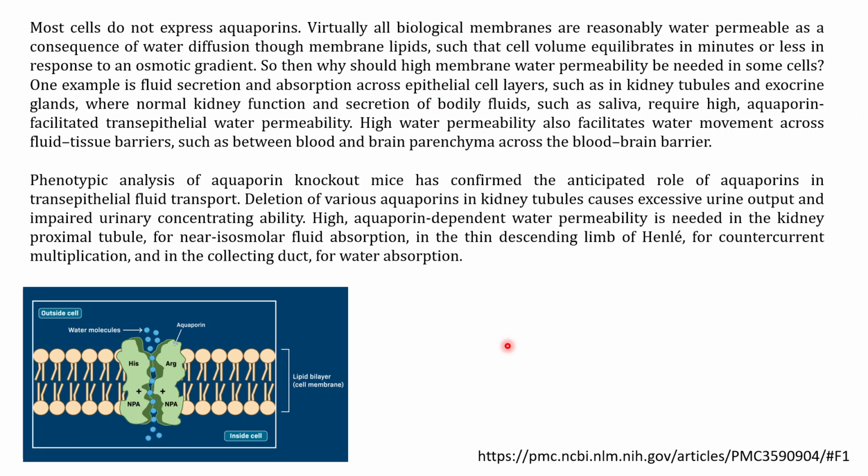Okay, so a little more into detail. Typically, as I mentioned earlier, most cells don't really have a lot of these aquaporins, and all biological membranes are reasonably water permeable because you can have water diffusion through membrane lipids regardless. So the cell volume equilibrates quite quickly, even if there is some osmotic gradient created, right?